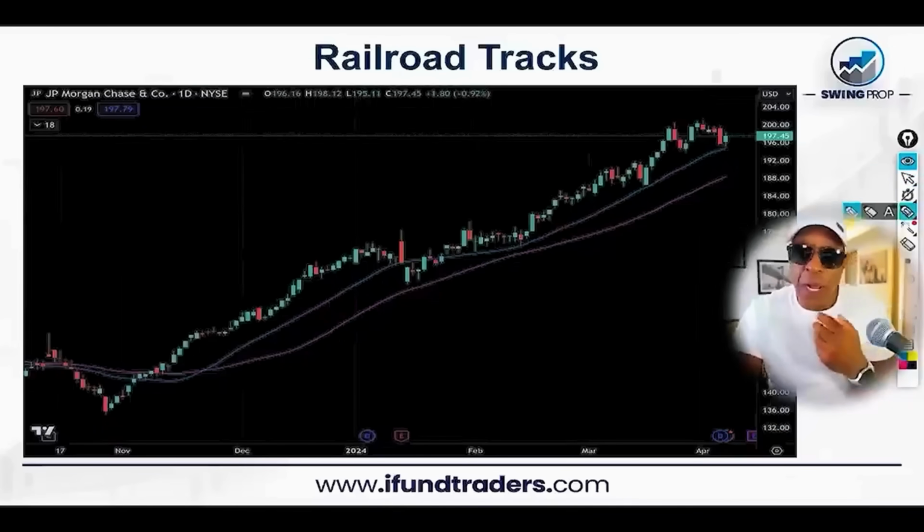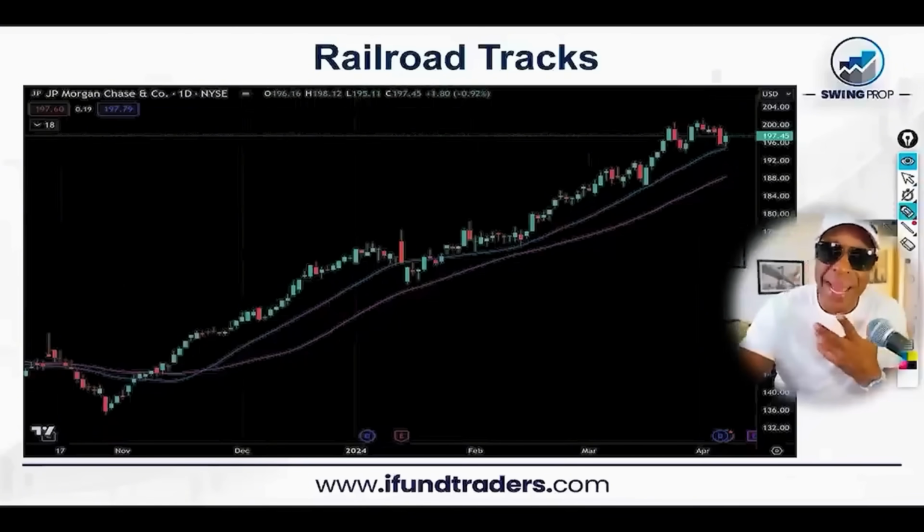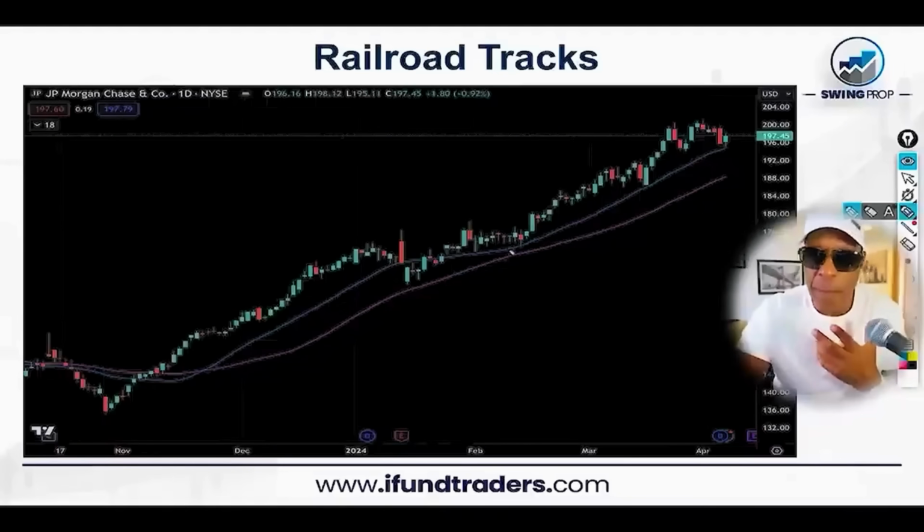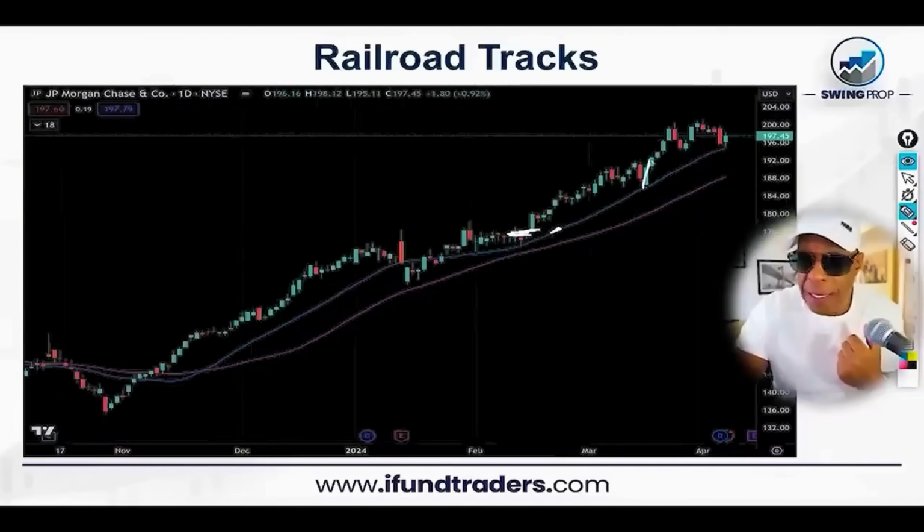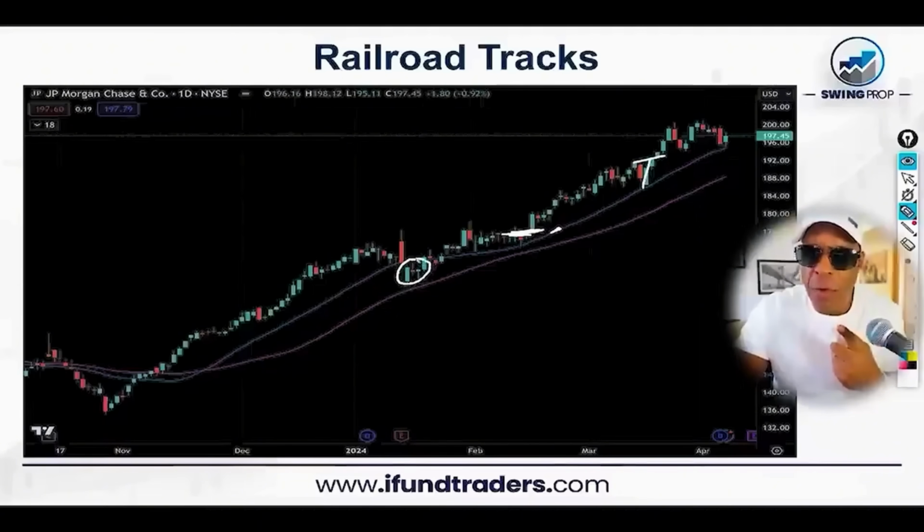Now, your color changes are best, and you can't always get these, when they are near the 20-period moving average, coming near or coming off it. See, this is coming off the 20. That's fine. But near or coming off the 20, or in the railroad track zone.